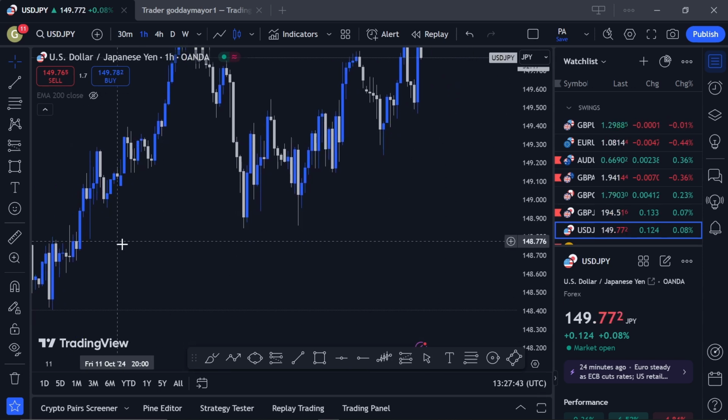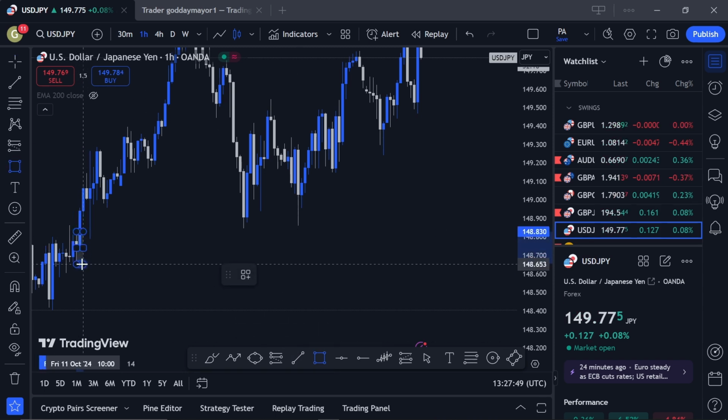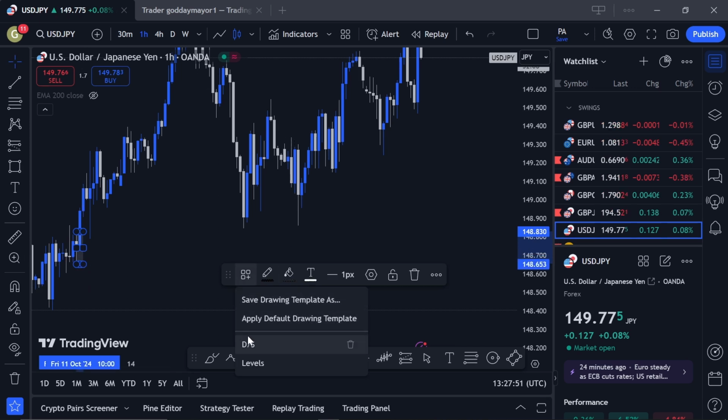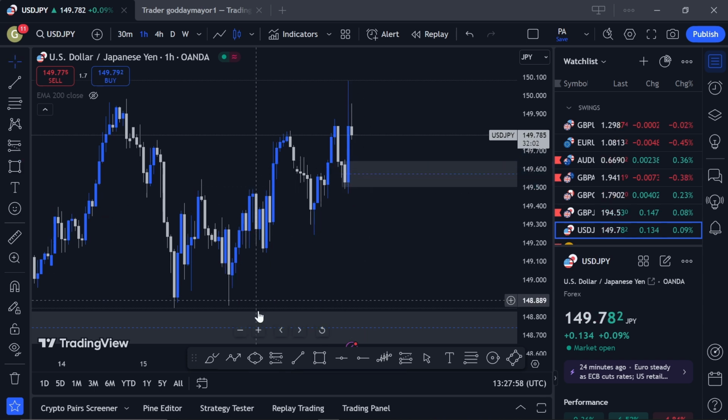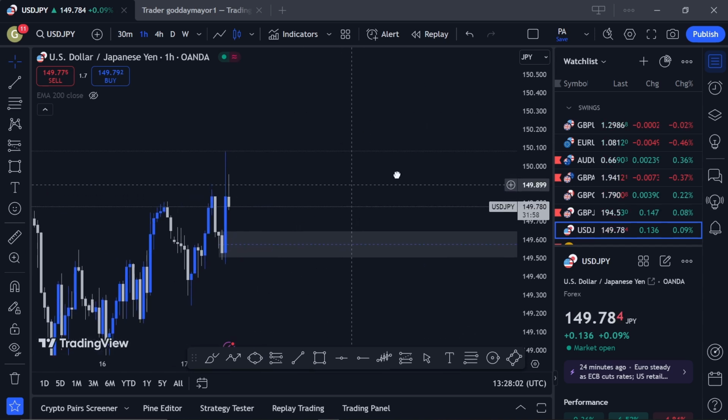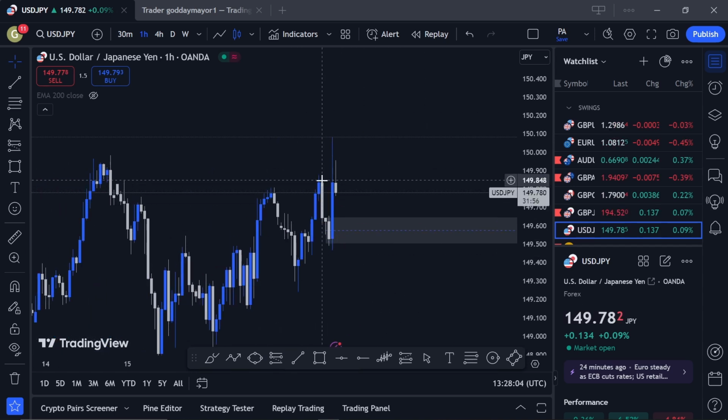So here is a demand level way back here. Here is an old demand level. Here is another demand level right here. You see, a demand level right here that you can trade from. Why? Because it led to a break of structure, as we all can see right here.